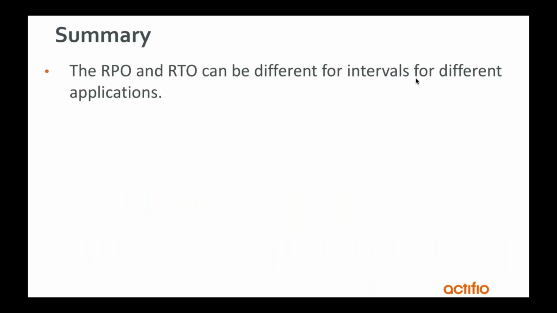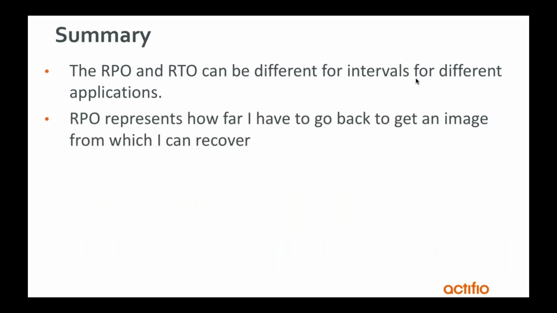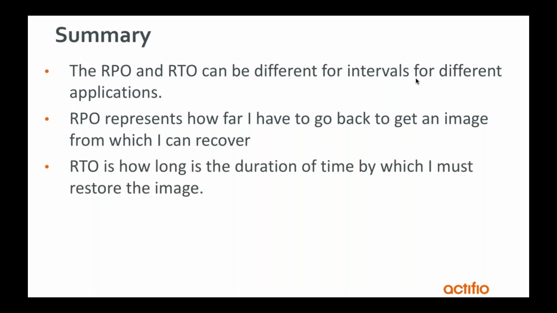So the RPO and RTO might be different for different apps. The RPO represents how far back you have to go to find a recoverable image, and the RTO is how long it takes to retrieve that image to get us back up and running.